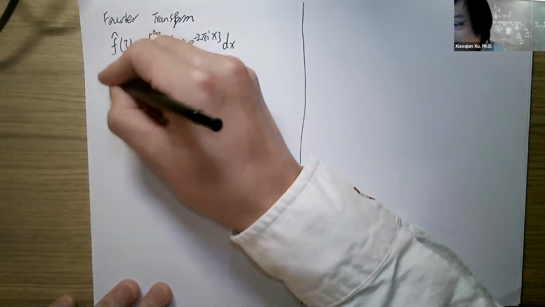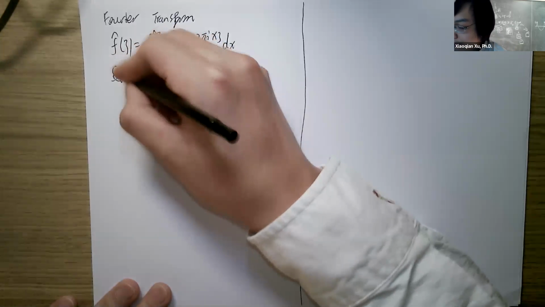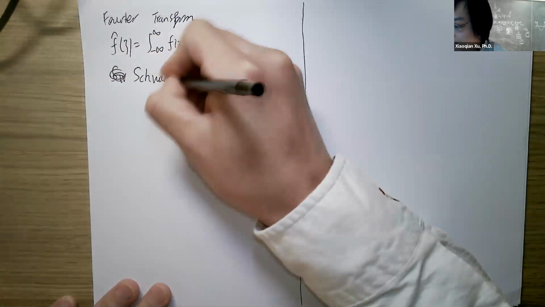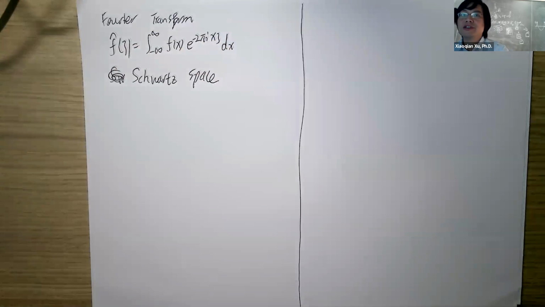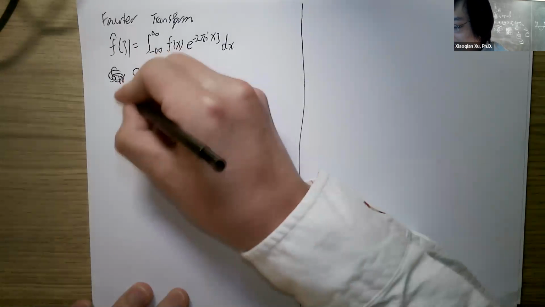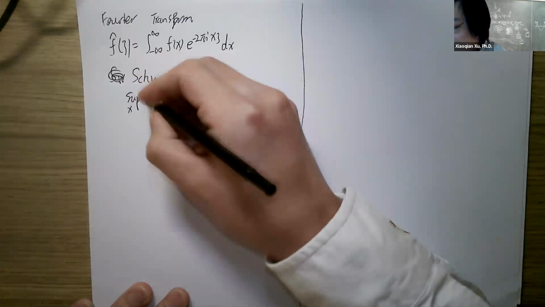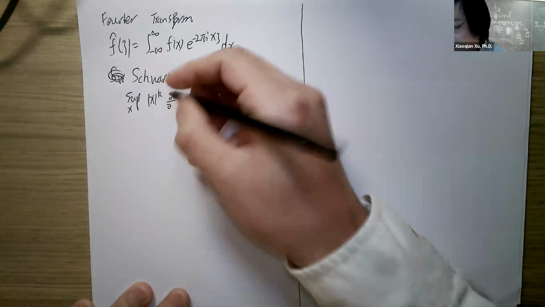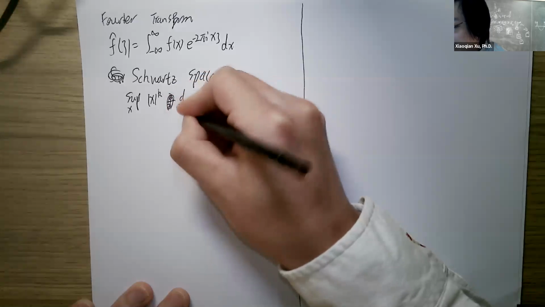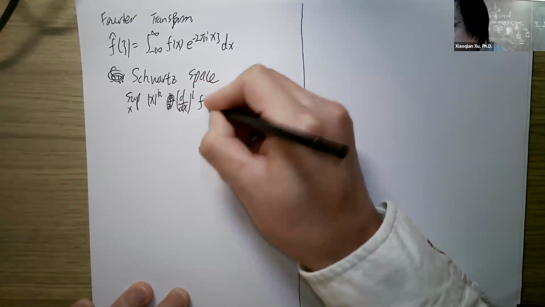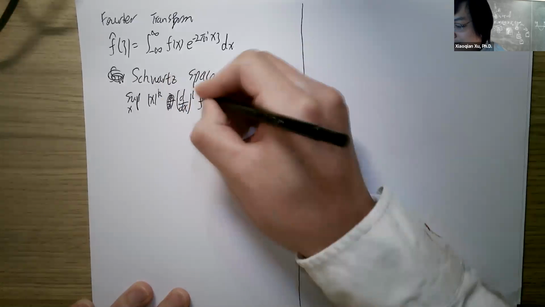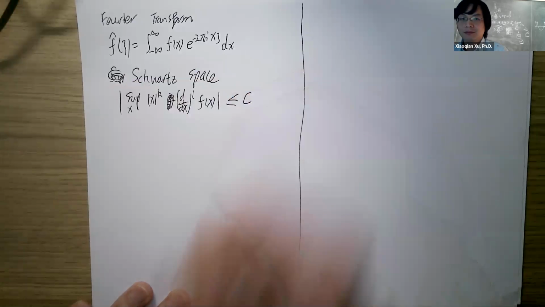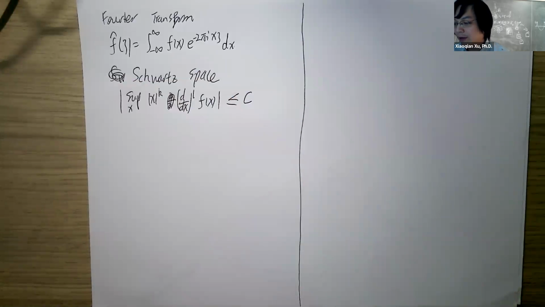So we define the Schwartz space, which is all these functions that are very smooth and decay very, very fast. So for x to the power k, and you can take the derivative d over dx to the power l of this function, it's always less than or equal to some constant, for any k and l.